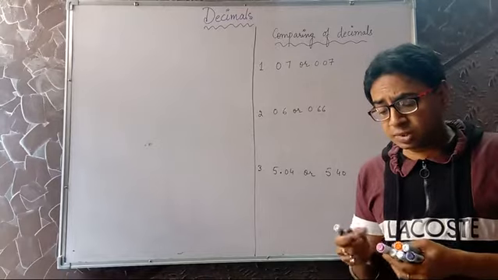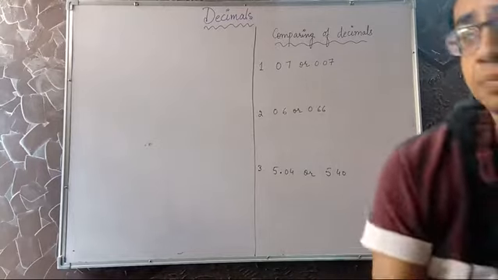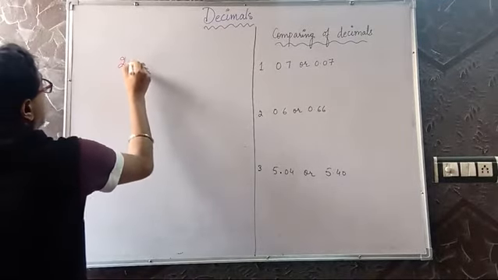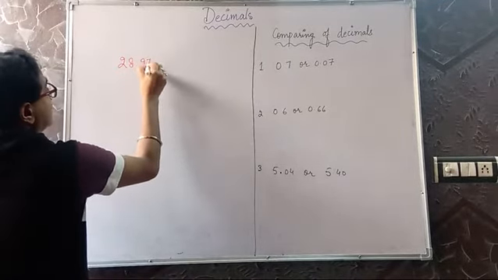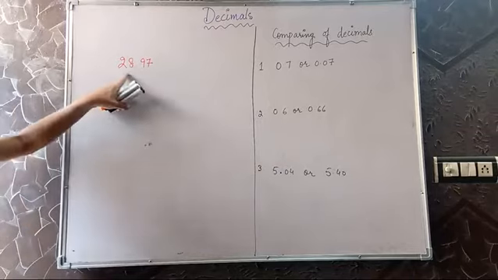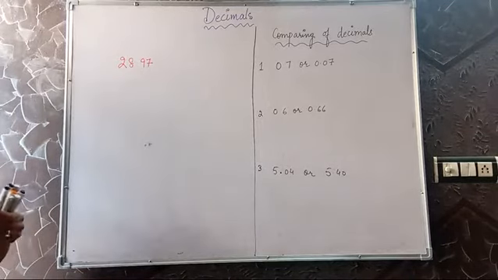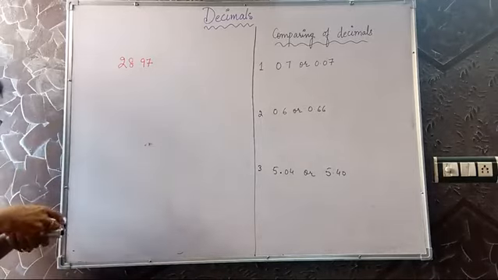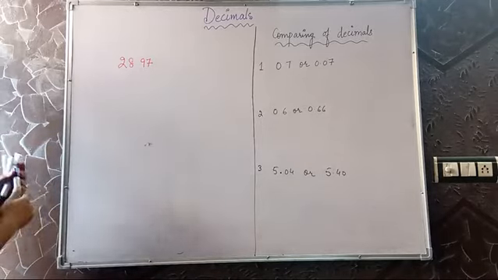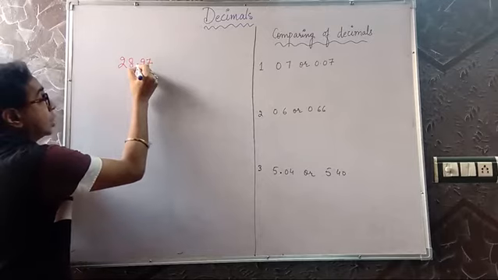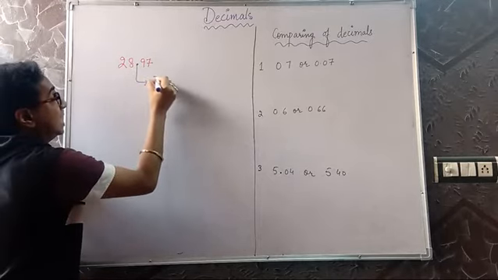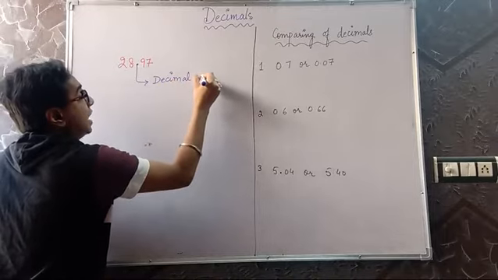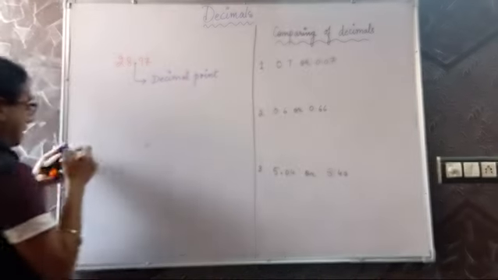I am starting decimals by taking one important example before. Let me take an example of 28.97. Understand what this means. It's very important to understand. This particular dot is known as the decimal point.